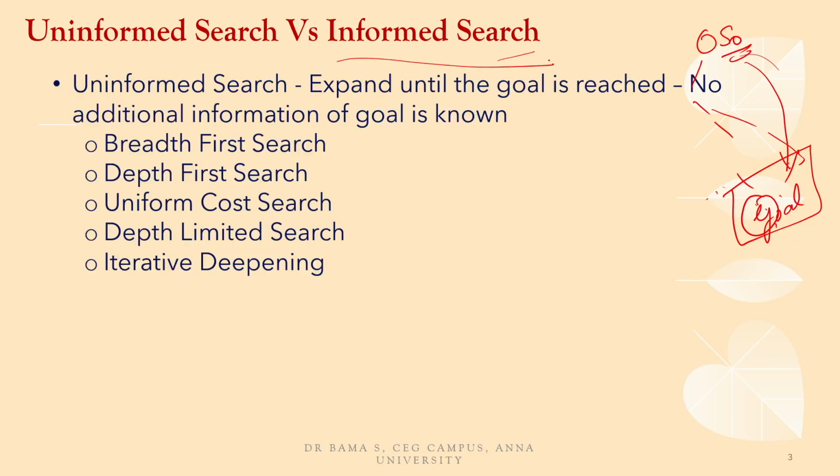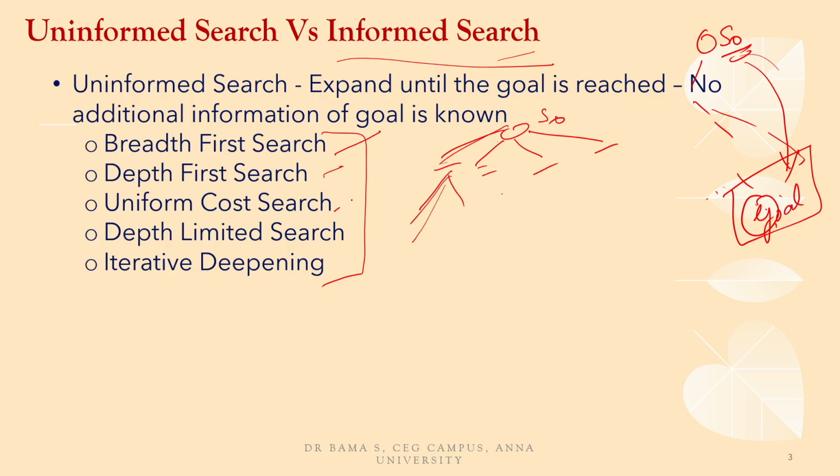Under uninformed search, we have these searches that we covered as a part of the first unit. The first is the breadth first search, where the search goes breadth wise like this. It starts with S0, goes to A, B, C, D and moves on to the next level. In depth first search, it would go depth wise.